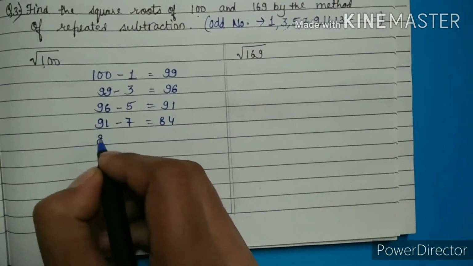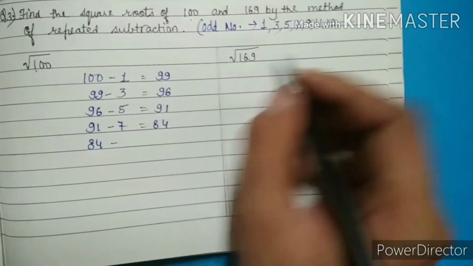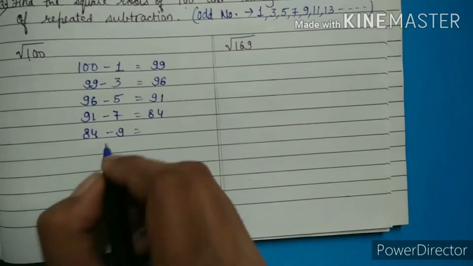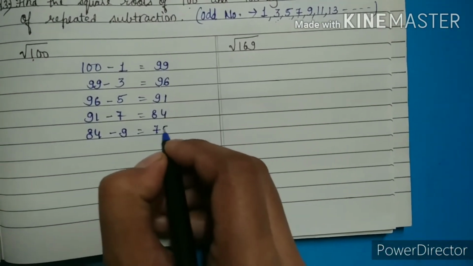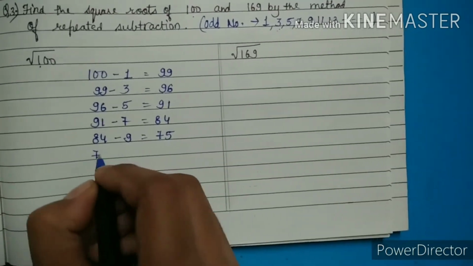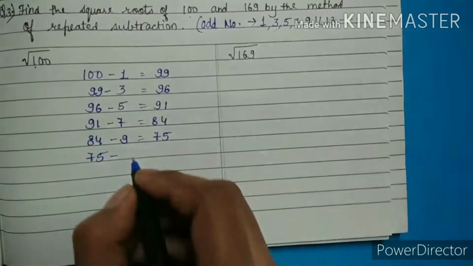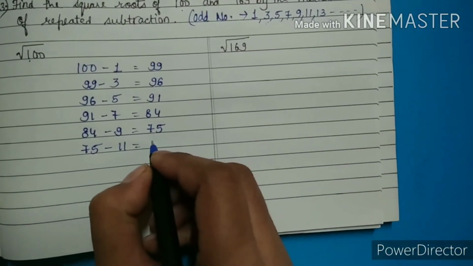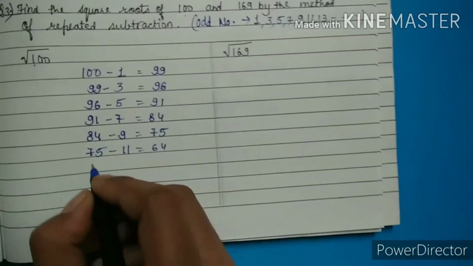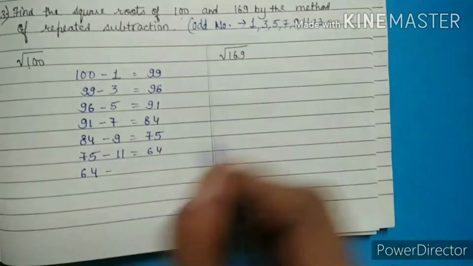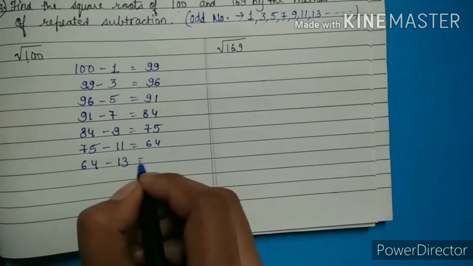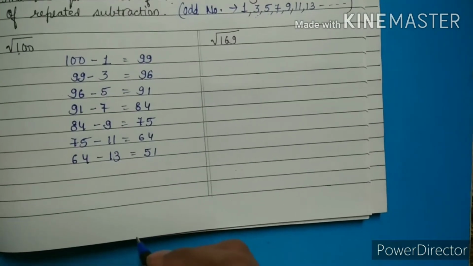Now the next odd number is 9. 84 minus 9 is 75. Then 75 minus the next odd number, 11, gives 64. Then 64 minus 13 gives 51.